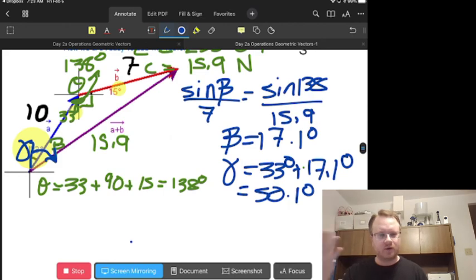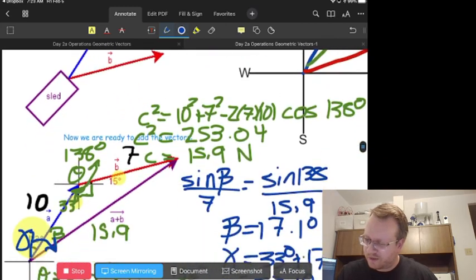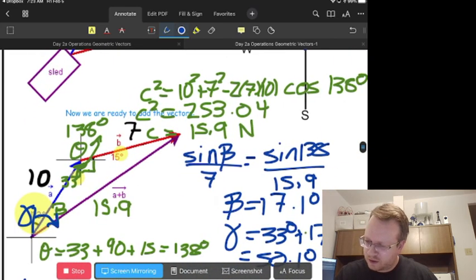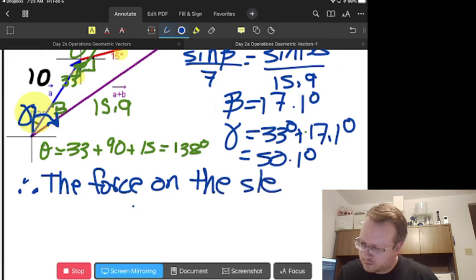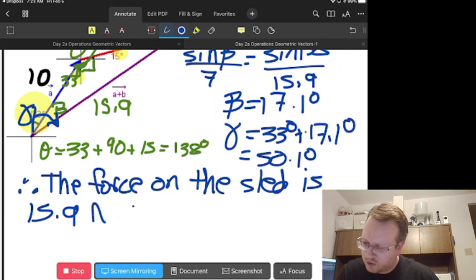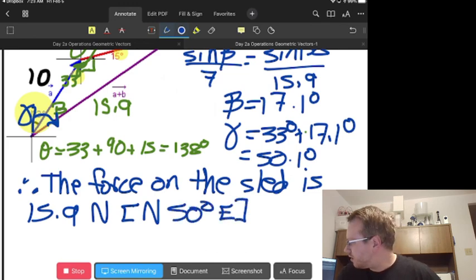So let's state our final answer. We know the length, we know the direction. Therefore, and what were we trying to find? The total force on the sled. Therefore, the force on the sled is 15.9 newtons in the direction of north 50 degrees east.